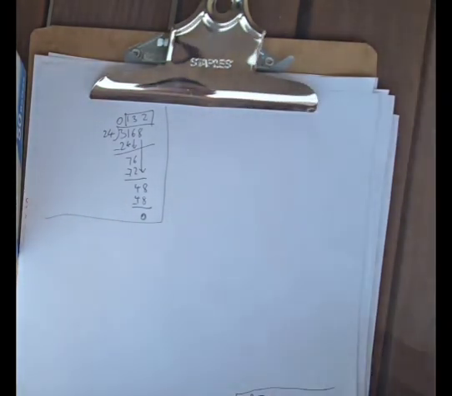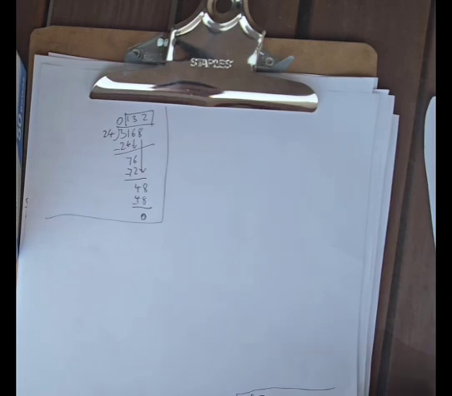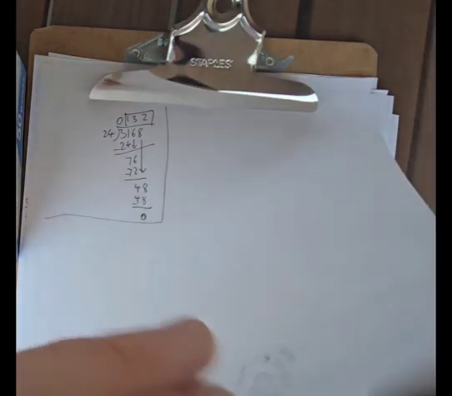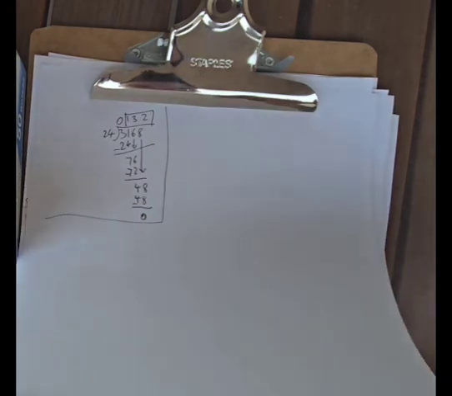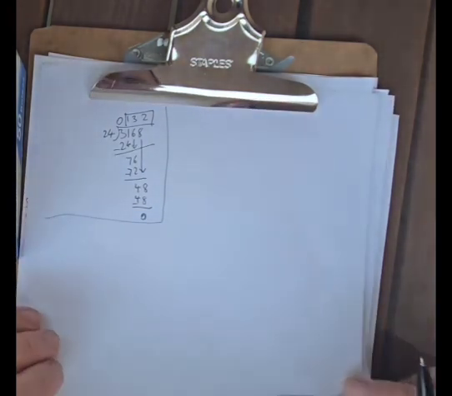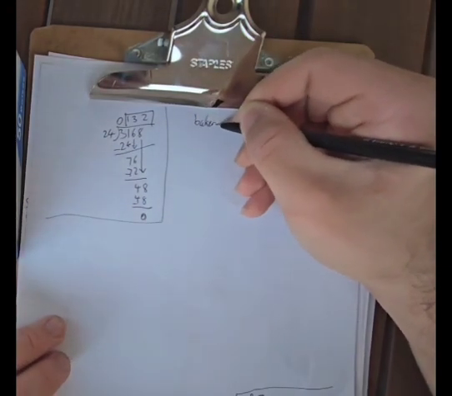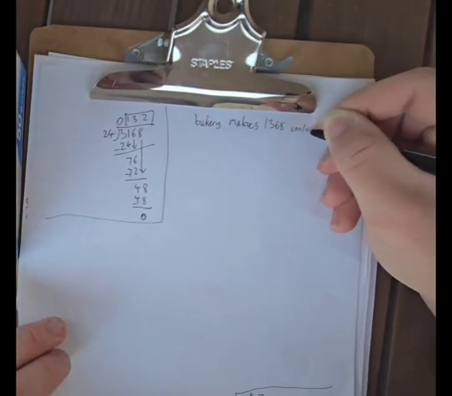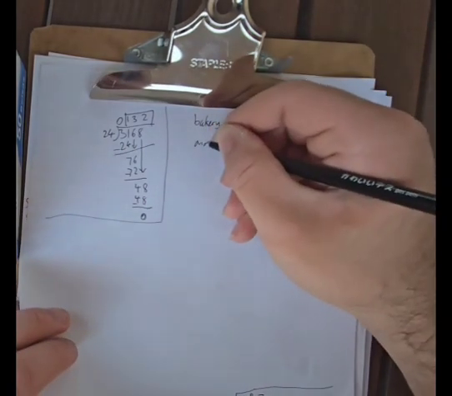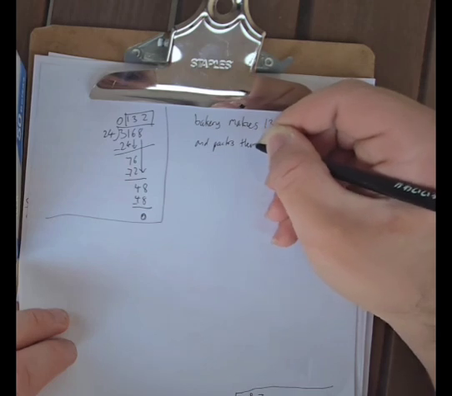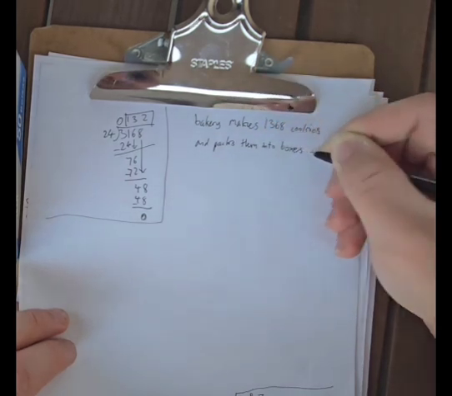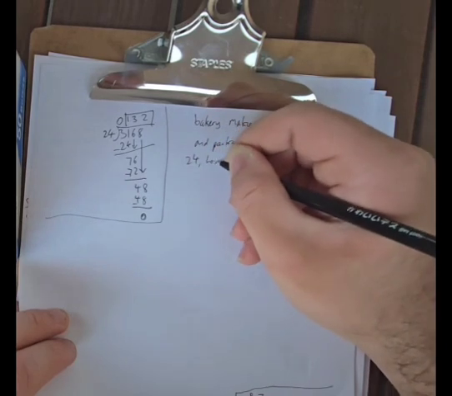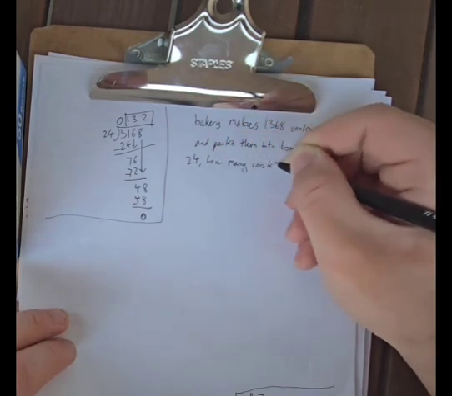Let's look at a word problem. So our word problem reads, if a bakery makes 1,368 cookies and packs them into boxes of 24, how many cookies in each box?